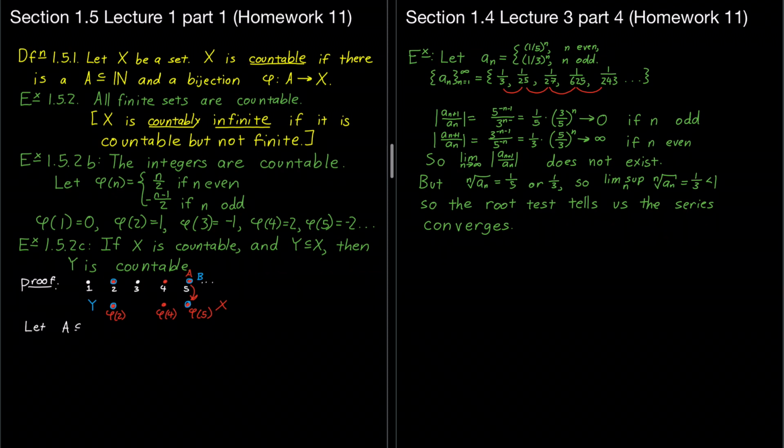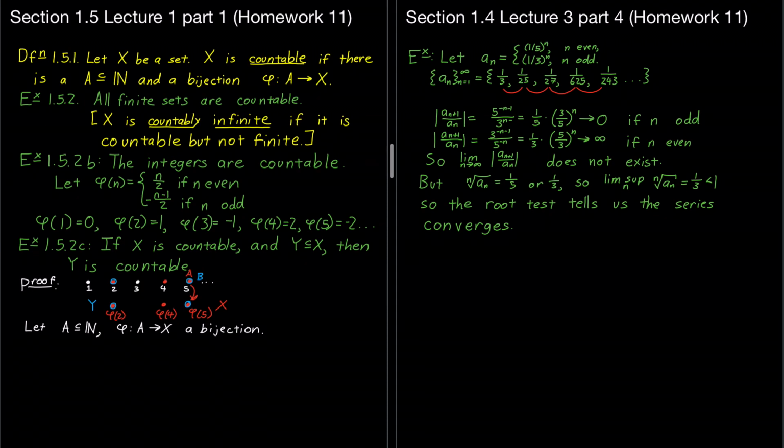Let A be a subset of the natural numbers, and phi a bijection, meaning it's a function that's one-to-one and onto.